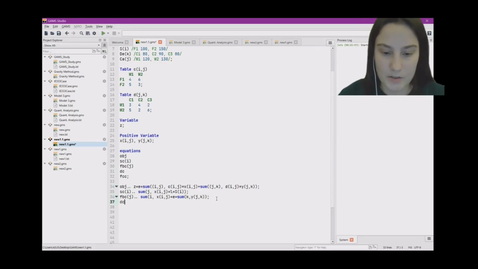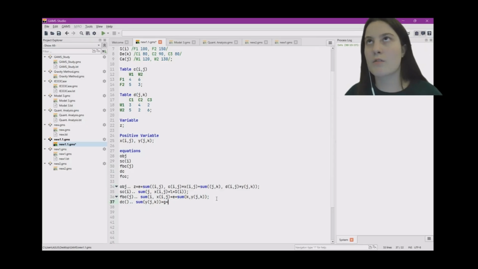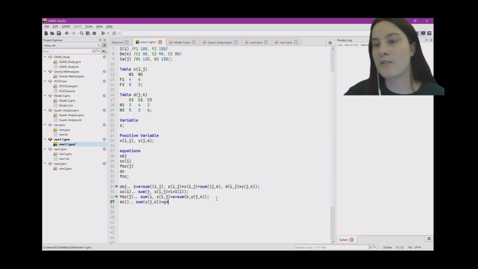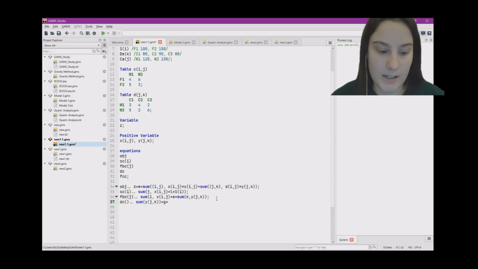The demand constraint. Now we are going to sum Y(JK). And this is going to be greater than or equal to, of course, what we are going to bring from the warehouse to the customer has to be greater than what we are going to give to the customer. We also have to have something in stock.